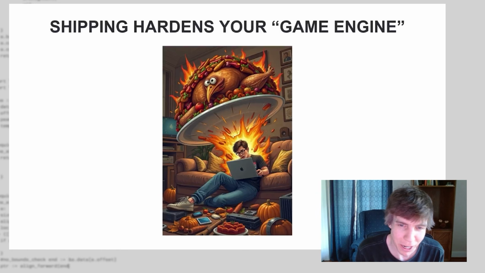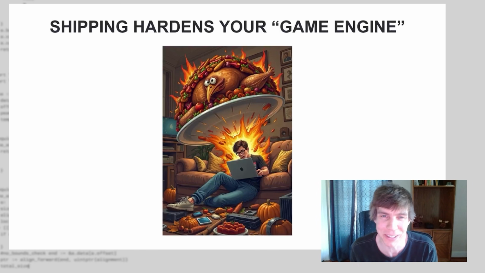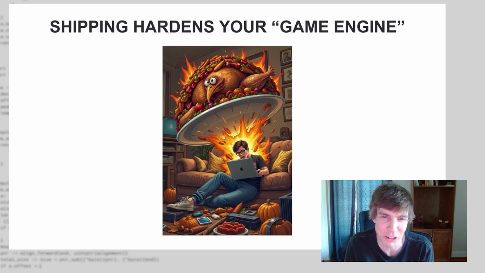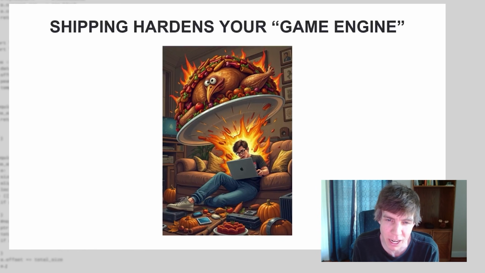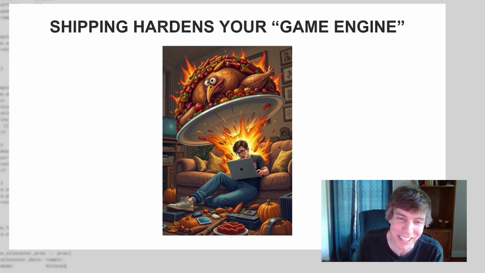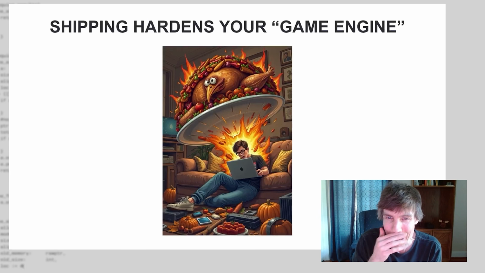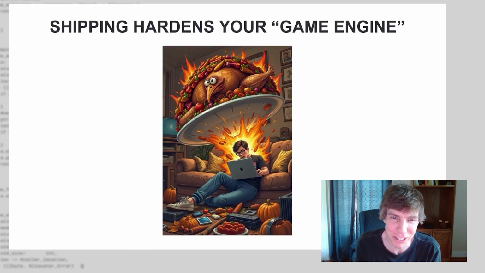So I had ChatGPT generate an image. I think the prompt was some hipster engine, like a Thanksgiving dinner just beating the snot out of some engine programmer. And so that's what we have here. And actually, I like this because that turkey that you see there is the phoenix rising from the ashes.